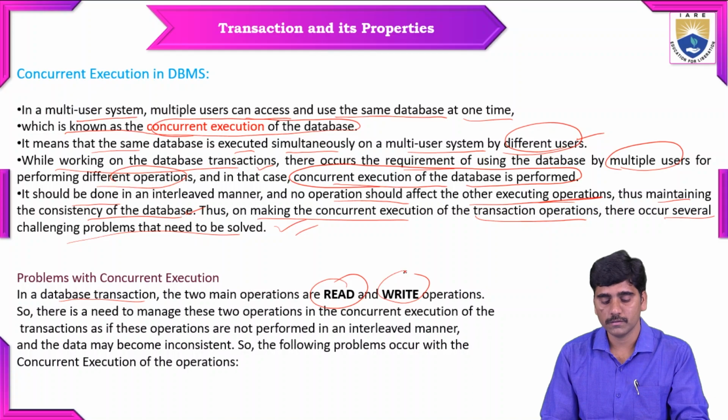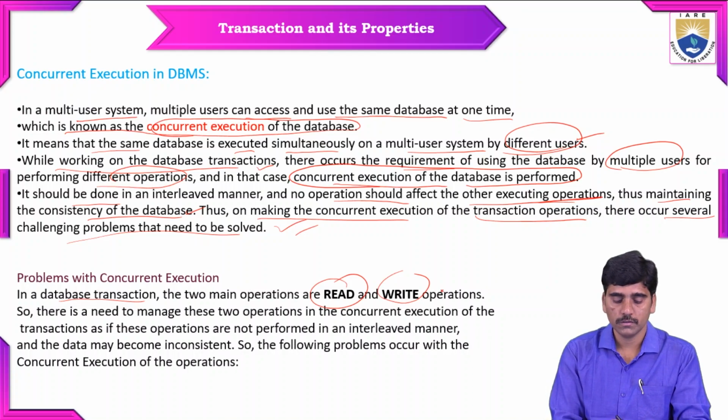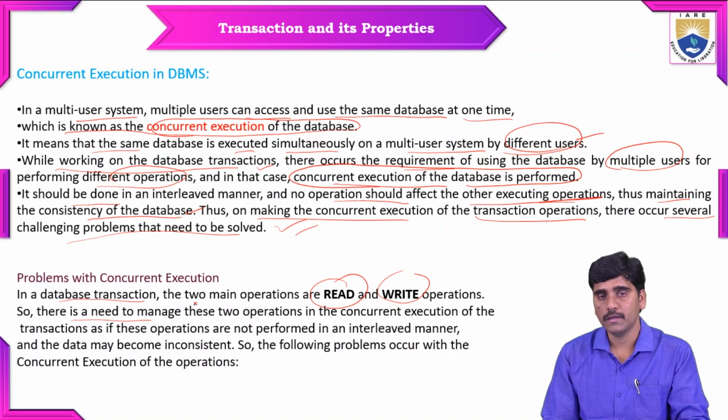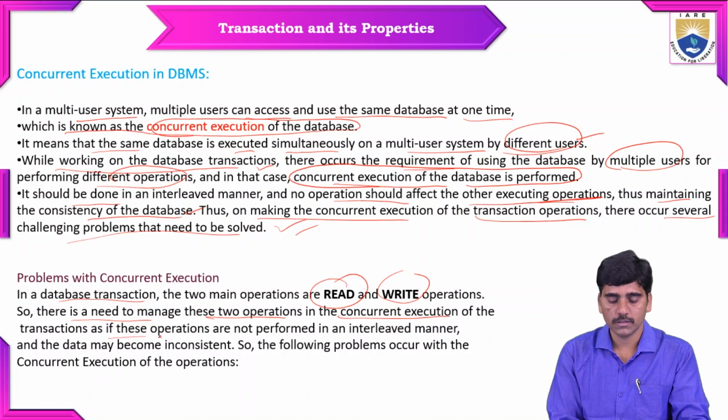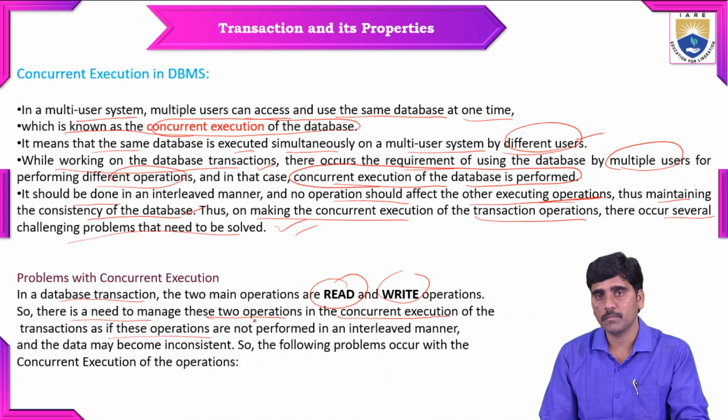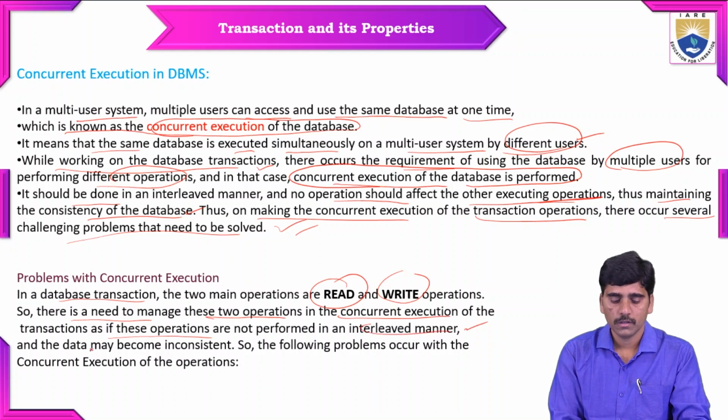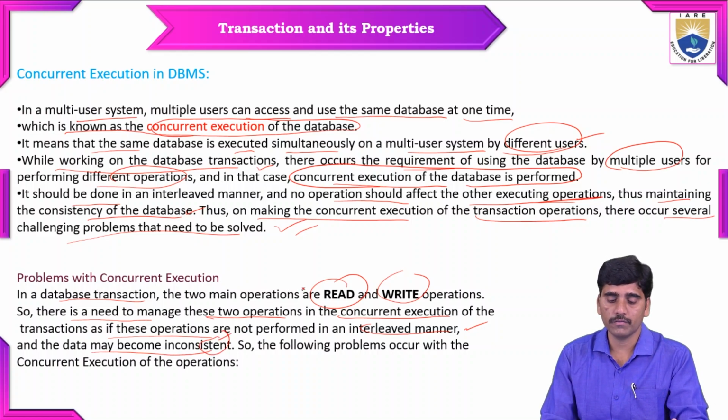There is a need to manage these two operations in the concurrent execution of the transactions, as if these operations are not performed in an interleaved manner, the data may become inconsistent.